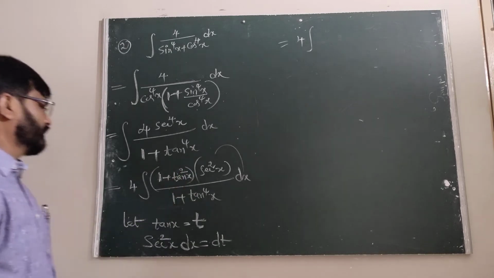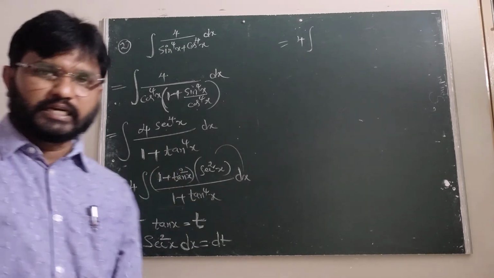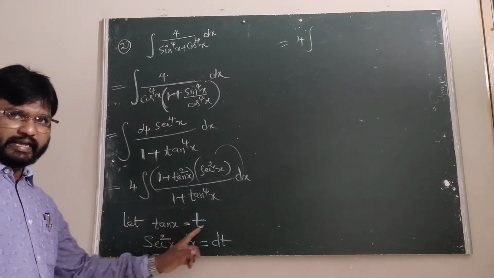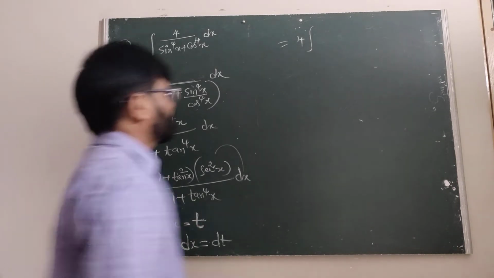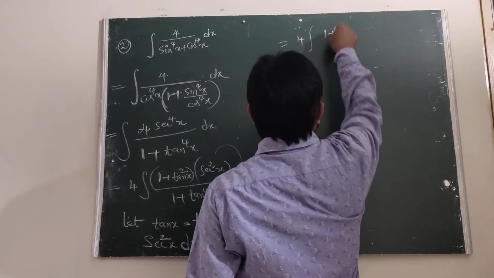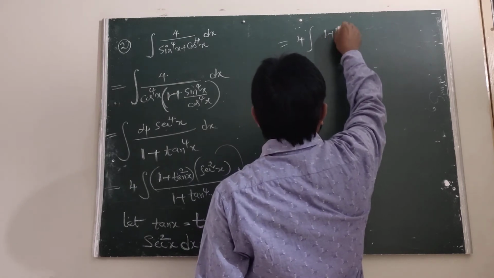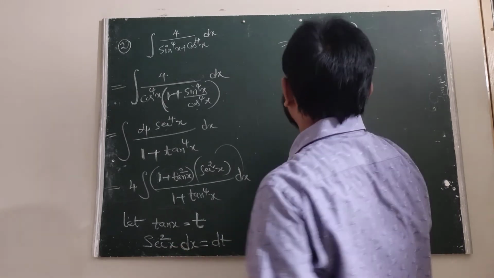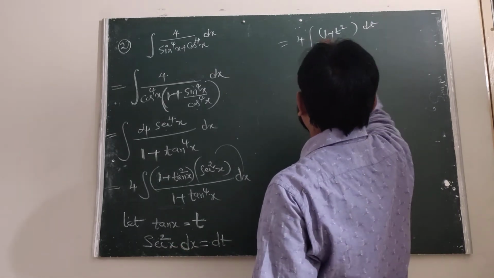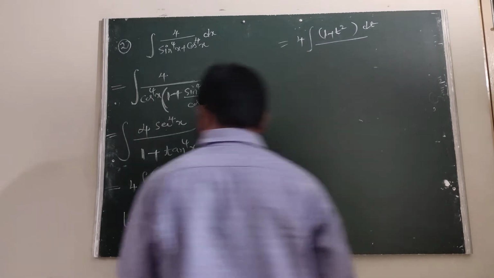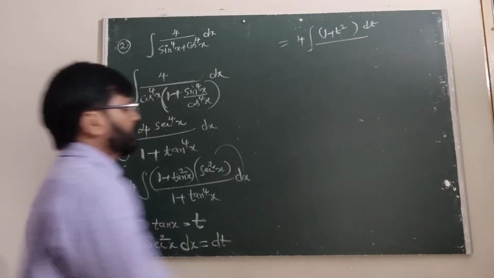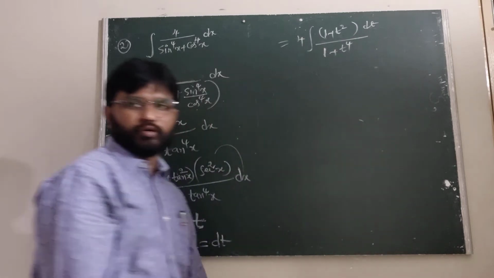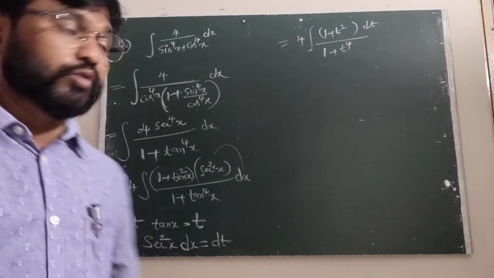With tan x as t, that is 1 plus t square. Secant square x dx is dt upon 1 plus tan power 4x, and tan x is t, so it becomes 1 plus t power 4.